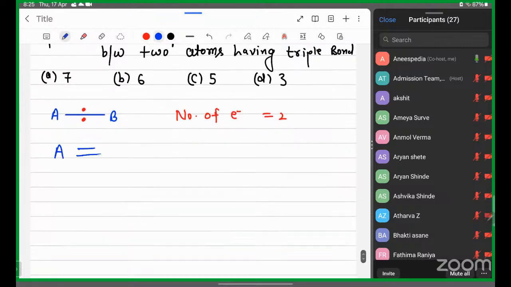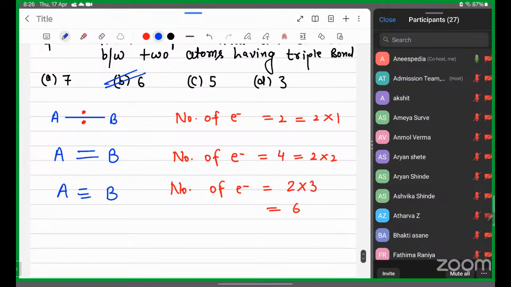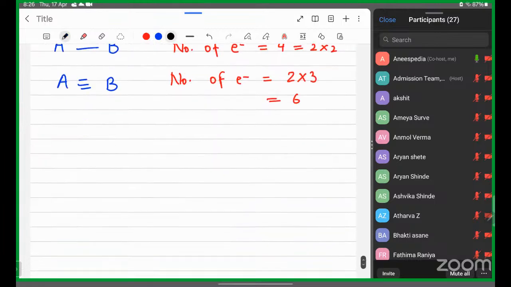Similarly, a double bond has 2 bonds, so 4 electrons. And with a triple bond between A and B, one single bond has 2 electrons and there are 3 bonds, so this will be 6. So the correct answer will be B, option 6. Understood? Yes or no?